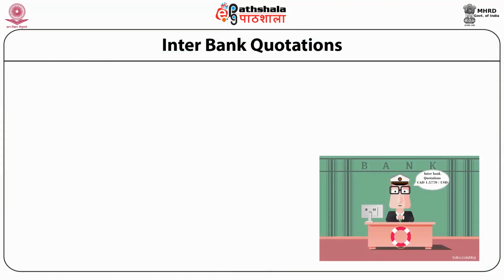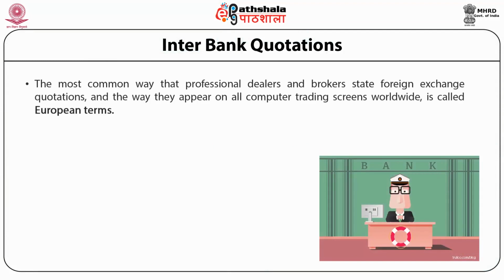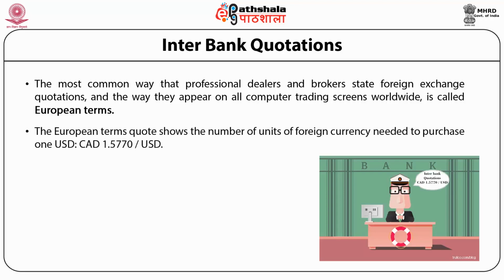Interbank quotations. These are the most common way that professional dealers and brokers state foreign exchange quotations, and the way they appear on all computer trading screens worldwide is called European terms. The European terms quote show the number of units of foreign currency needed to purchase $1.